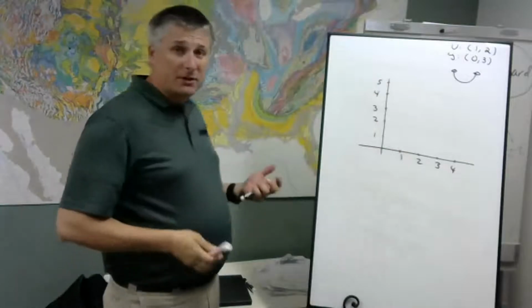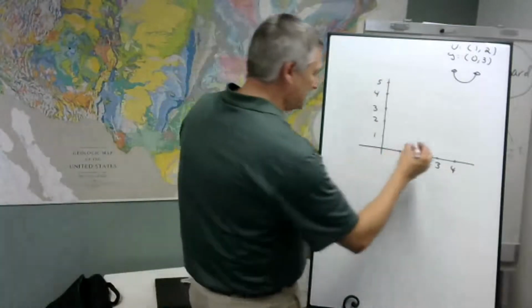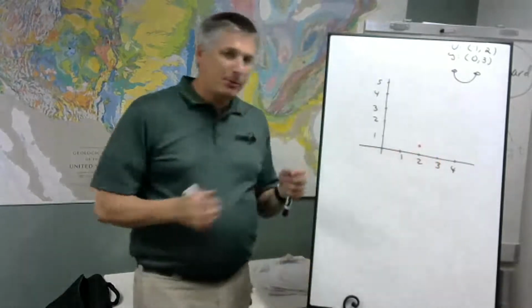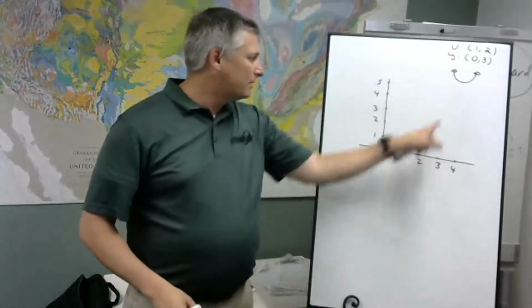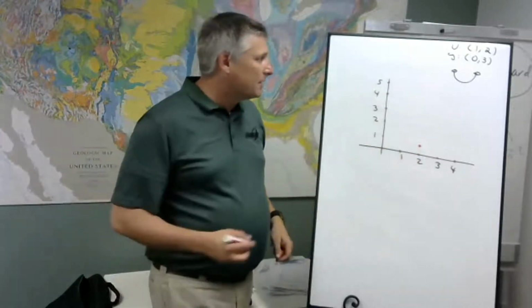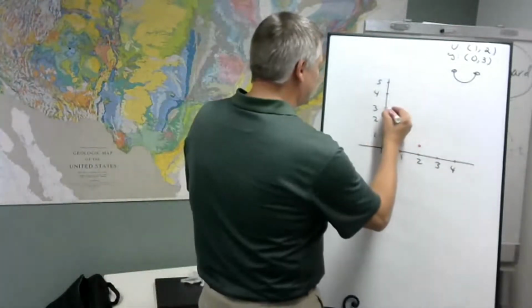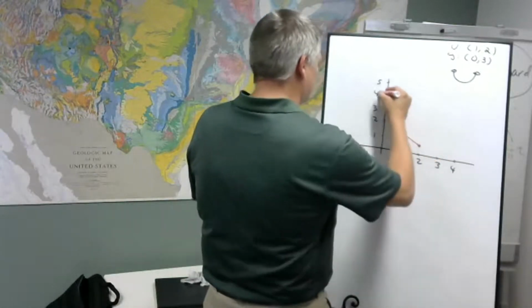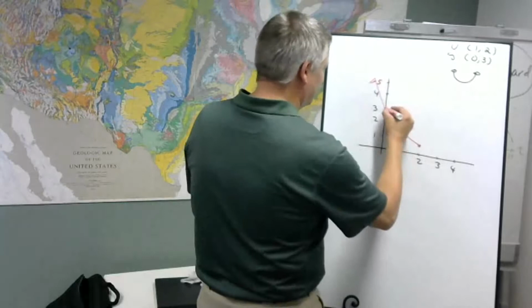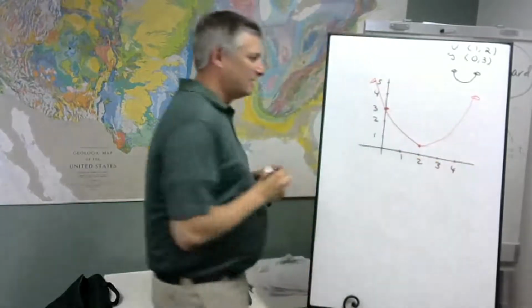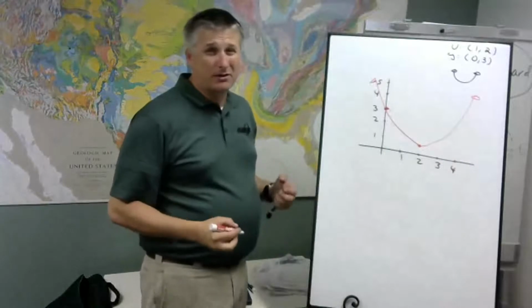The vertex was 1 and 2, so that puts that right here. Our parabola is going to sprout up from this vertex. Now we know it needs to pass through 0, 3. So it's going to do something roughly like this.